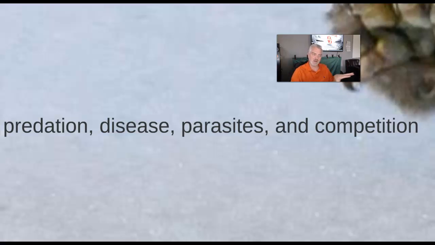Parasites, kind of the same way, will spread a lot quicker if there's a high density. And then competition for food, resources, mates, things like that are going to be density dependent factors. The higher the density, the higher the competition, the higher the disease, the higher the parasites and the predation. So those are limiting factors.